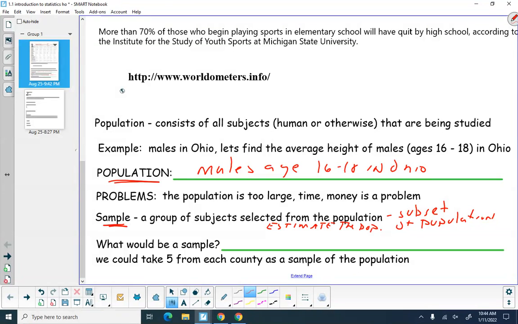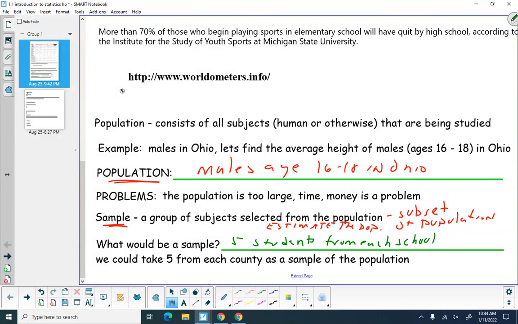So what would a sample be? We can take 5 students from each school. You drive around to the 800 schools, you take 5 students from each school.